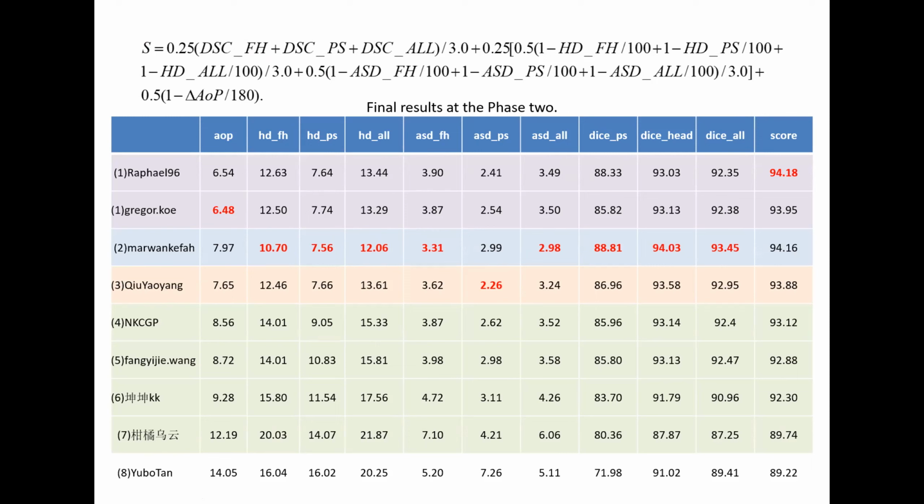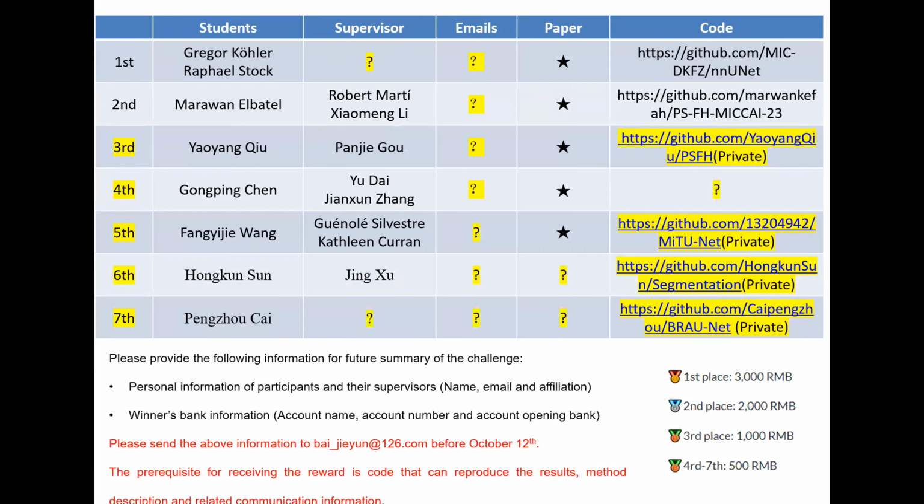At the second phase, there are only 9 submissions, but only 8 players win the award. So next step, all the people should give the information about their names, their supervisors, and all the people's emails, and the document about their methods, and the original code.